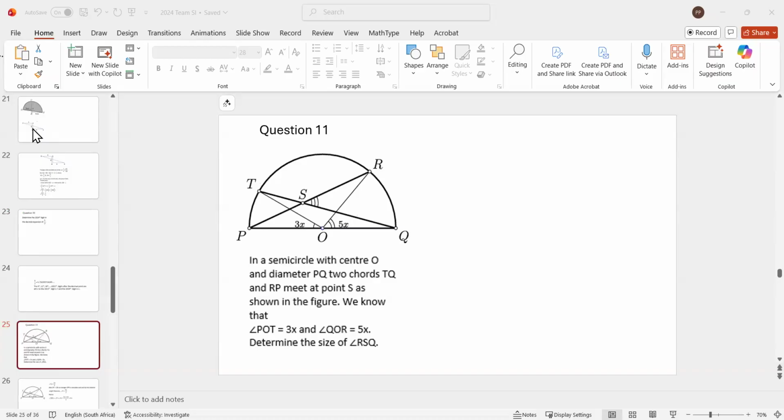Okay, so one of the things we notice is that OQ is the same as OT, so these angles are the same. I'm going to put a dot there because there's not so much space to write symbols. But these two dots, you'll notice that they are the interior opposite angles. This is the exterior angle of triangle OTQ.